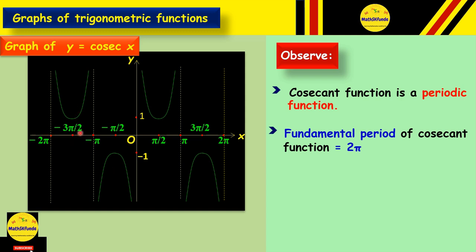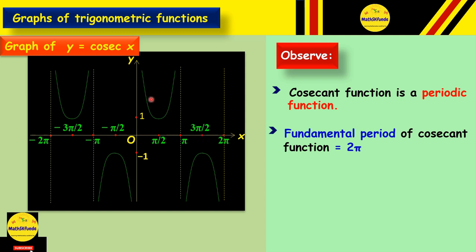So if I take this entire interval, from minus 2 pi to origin, then there is one branch above and one branch below the x-axis. The same thing happens in the next interval of length 2 pi: one branch is above and one branch is below. Not only that, the order is also similar. First is the one which is above the x-axis and the next one is below the x-axis.